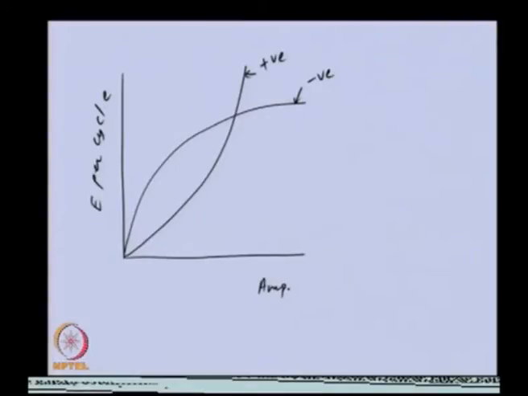If our amplitude is at A, let us say, we can see that if the amplitude is relatively small, the energy input here is more than the energy which is dissipated. So this is the energy input in one cycle, and this is the energy dissipated in one cycle.